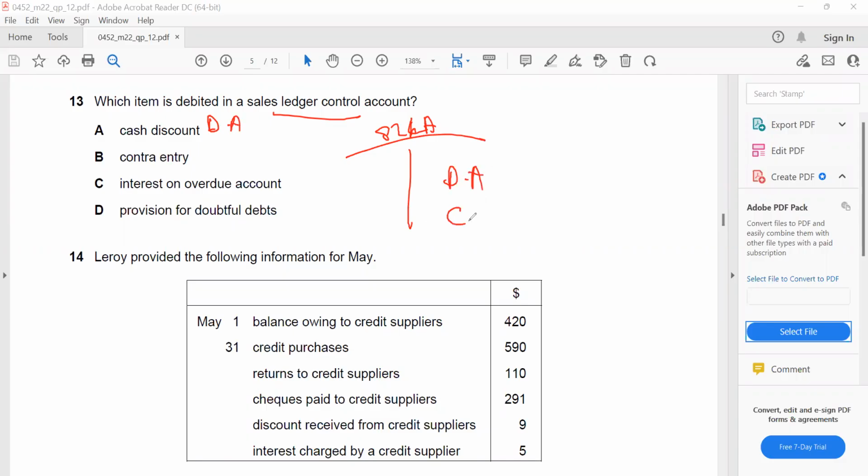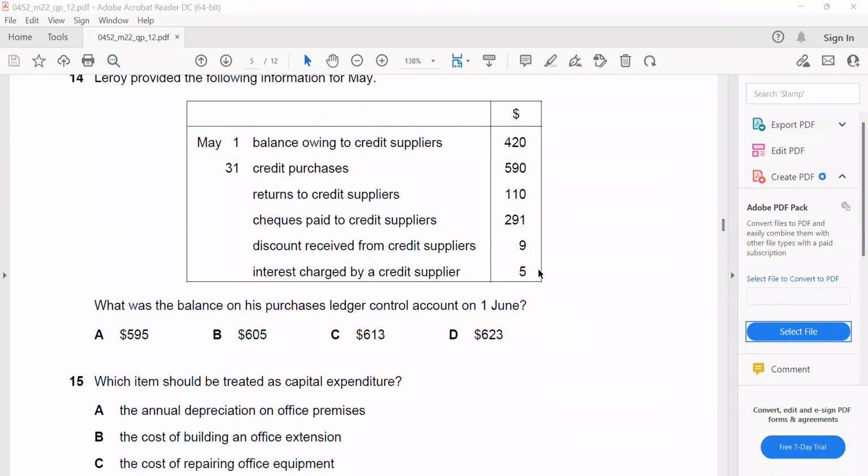Contra entry is in here. Okay. Interest on overdue, which is customer late pay us, we charge them the interest. Provision, this one will not appear in the sales ledger control account. So they want debited. So the only choice is C.